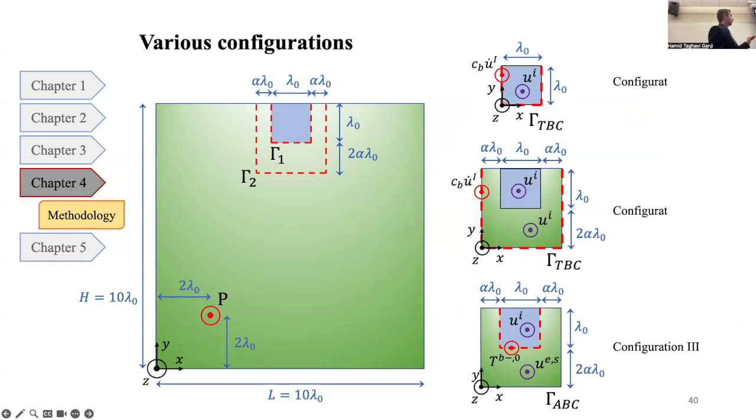In the first configuration, we have the transmitting boundary condition exactly at the interface of the basin or the localized feature and the elastic bedrock. The second configuration is where we have a transmitting boundary condition within the bedrock at some distance from the basin. And the third configuration is where we have an absorbing boundary condition, and we have a jump interface at the interface of the basin and elastic bedrock.